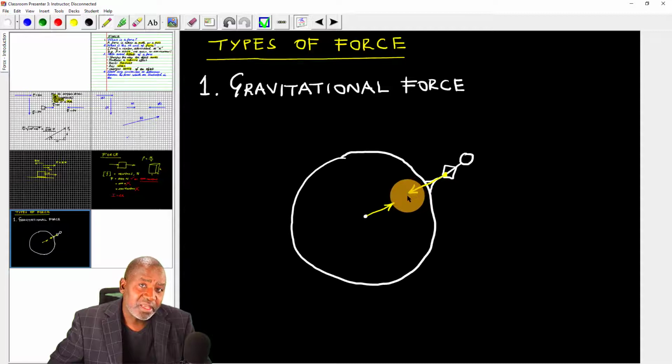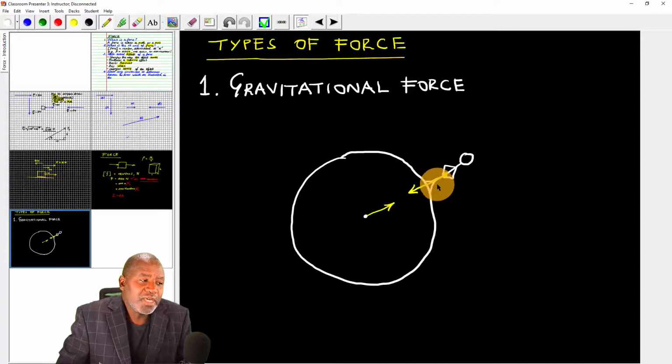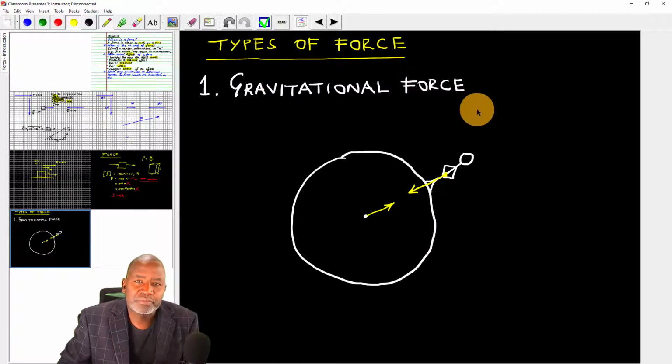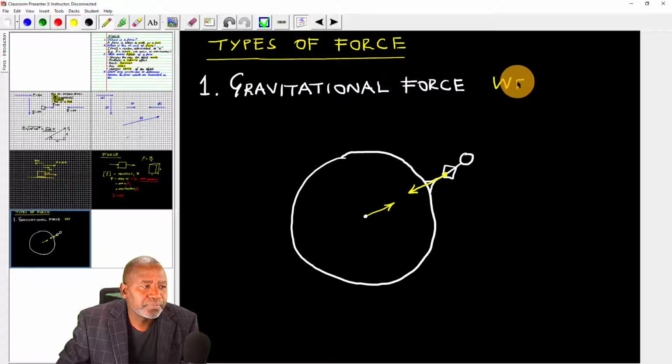This means the amount of force the Earth exerts on you so that when you jump upwards, it quickly brings you down, like that, or downwards. So this gravitational force is the same force that we call weight. Weight. W, like that.